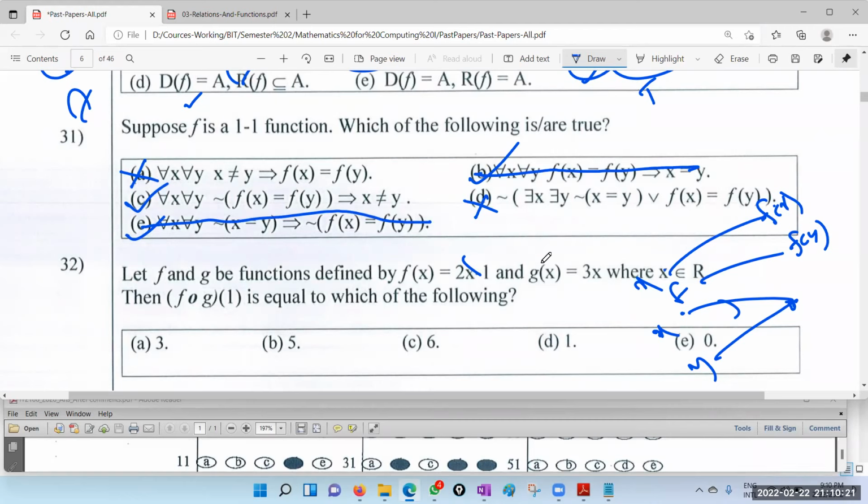Why is this wrong? All x, all y, fx equal fy, when fx is not equal to fy, it implies x is not equal to y. I don't know. For me, it looks like C is correct. I don't know, right? So just keep it as an open question.